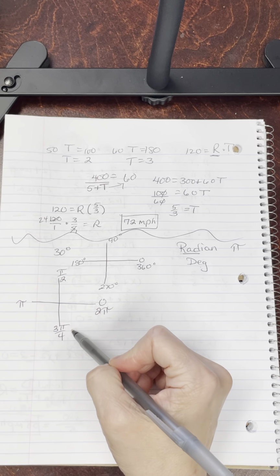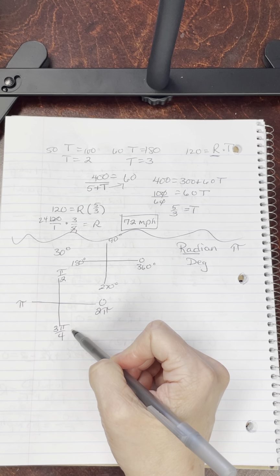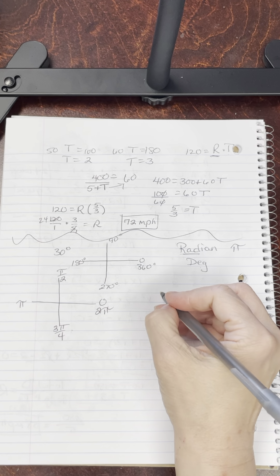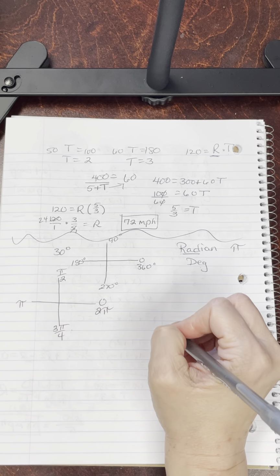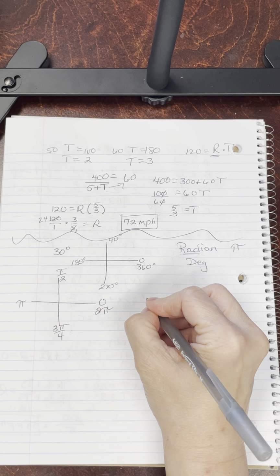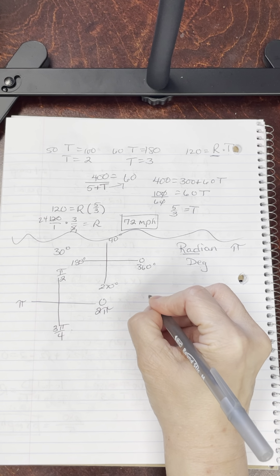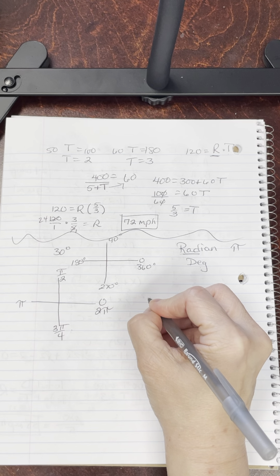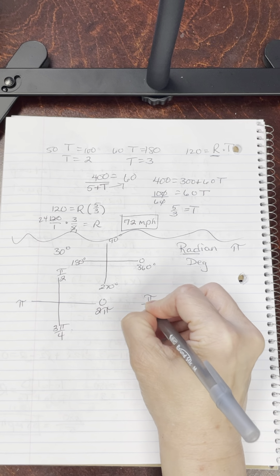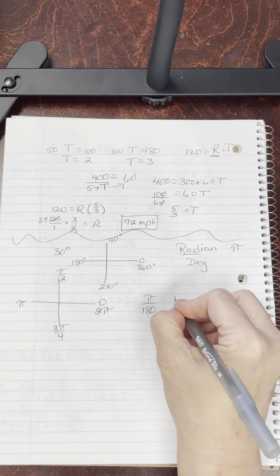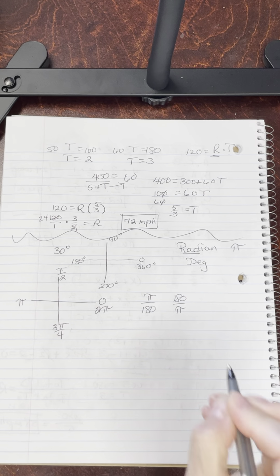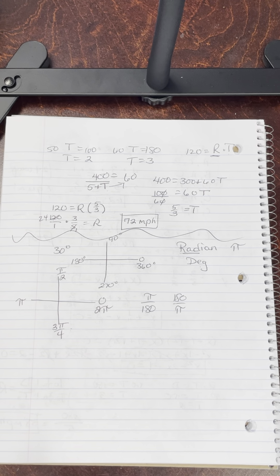Pi over 2 and 3 pi over 2 are fractions, and that's why they're not as easy. So when I want to convert, I'm going to use as the fractional form pi over 180 or 180 over pi, depending on which way I need to cancel pieces out.